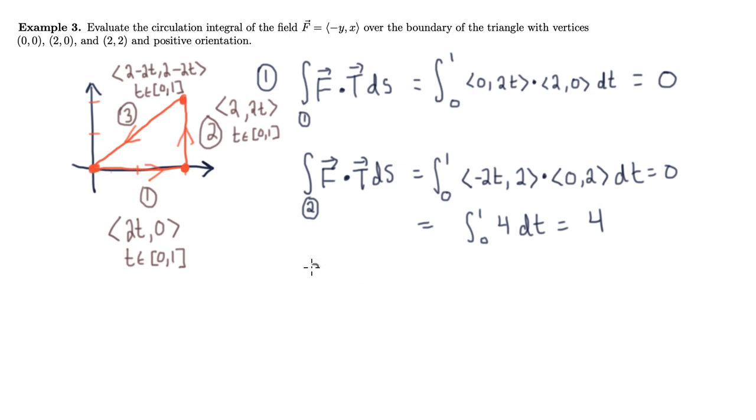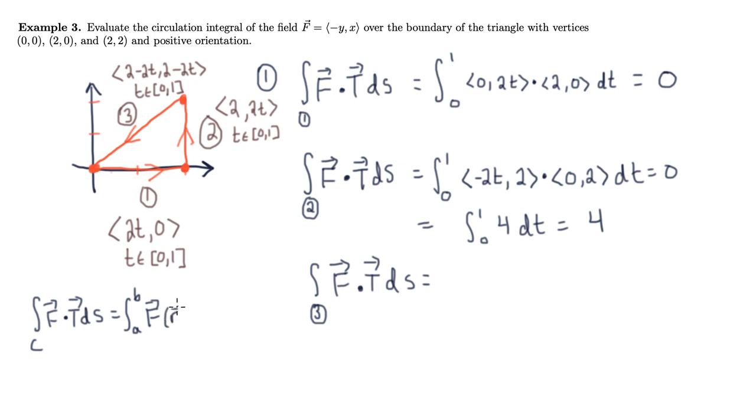Great. So then the third piece of the curve is going to be f dot t ds, which, maybe I should write this down in case you're not following. So f dot t ds is really, if I have a parameterization, just f of the parameterization dotted with the derivative.